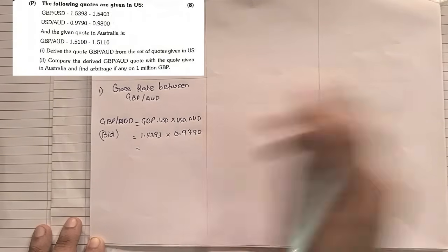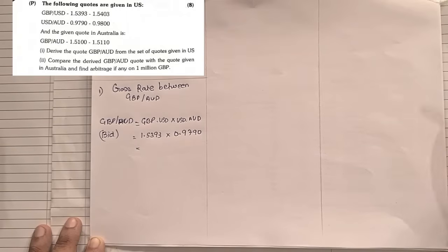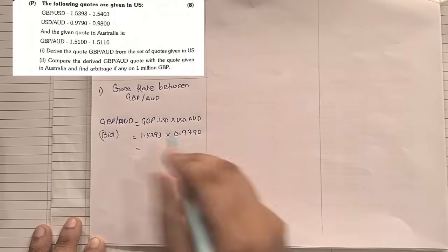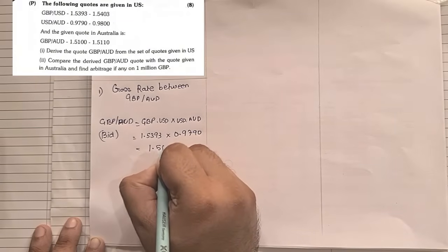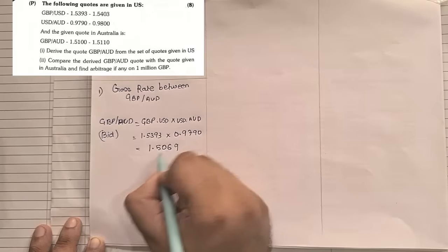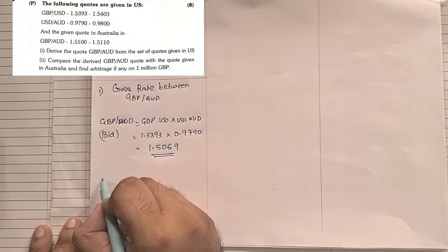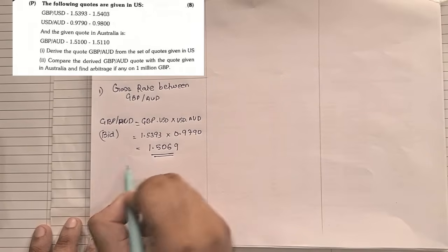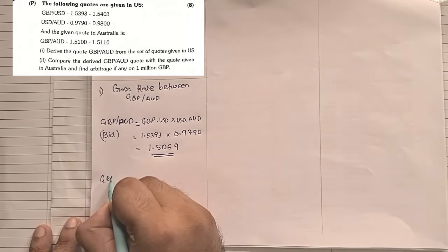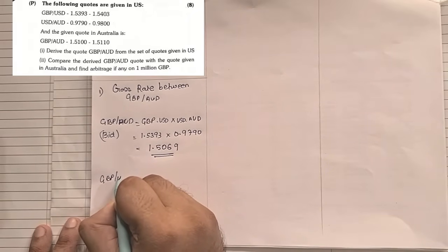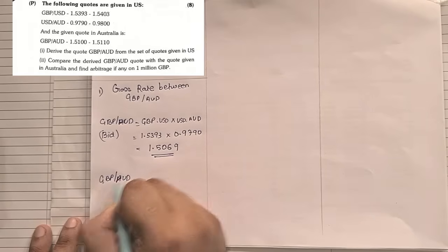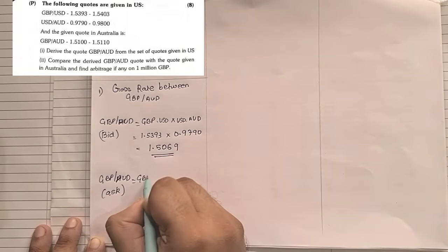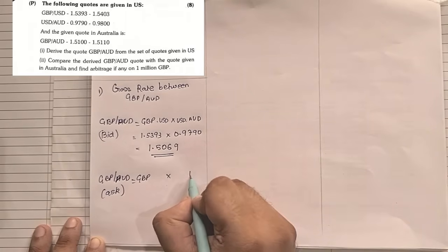0.9790. Okay, I will multiply it, 1.5393 into 0.9790, which will give you 1.5069. Same way I will find for the ask rate. Okay, I will find GBP to AUD, the ask rate, which is GBP into AUD.